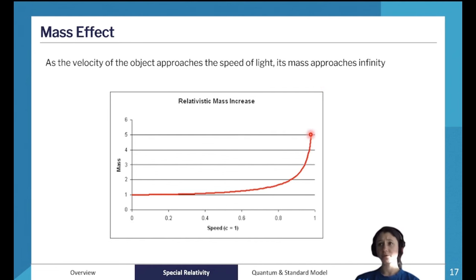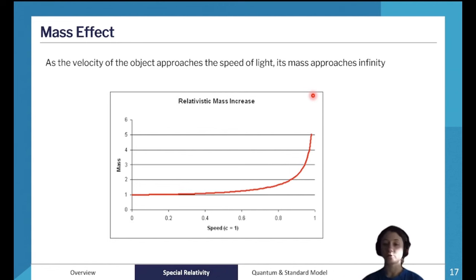That's because the closer and closer they get to the speed of light, the more and more mass they have. So think about this as more of a knock-on effect too. If an object has more and more mass, it requires more and more effort to accelerate it. If you're trying to push a really big object, it requires a lot more force than a really small one. So you need more and more energy to accelerate this object.